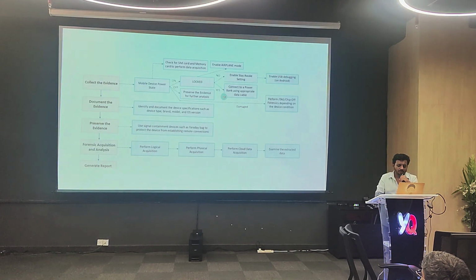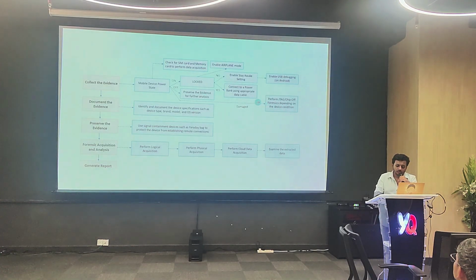If it has been locked, just connect the power using the data cables. If it is powered off, then preserve the evidence for further steps, and if it is damaged, we have to perform JTAG forensics.